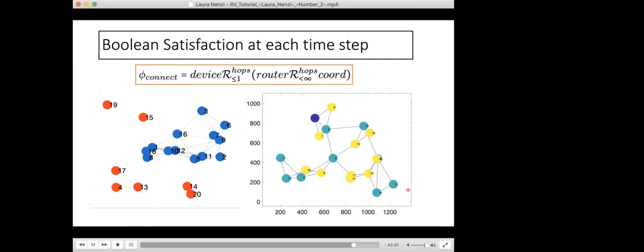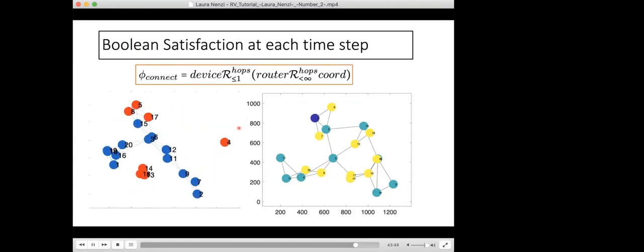In this slide, we see the evolution in time of the Boolean satisfaction of the first property in the previous slide, the one just with the spatial operator. In blue, there are the nodes that satisfy the property. Instead, in red, we have the nodes that do not satisfy the property.